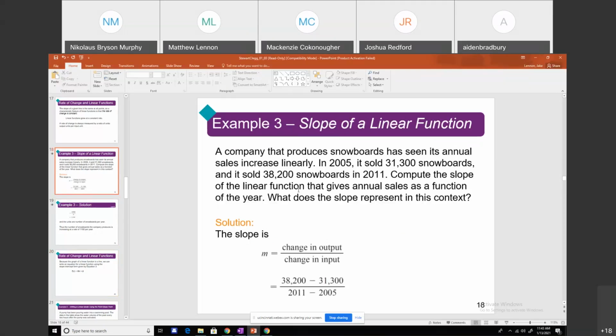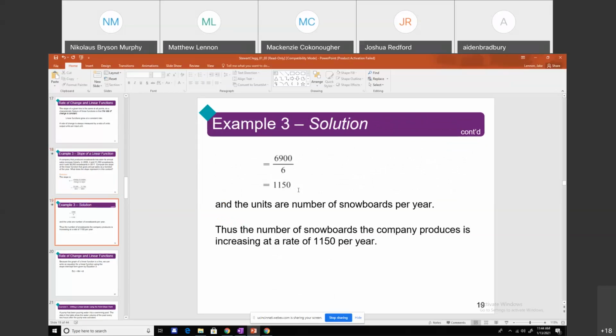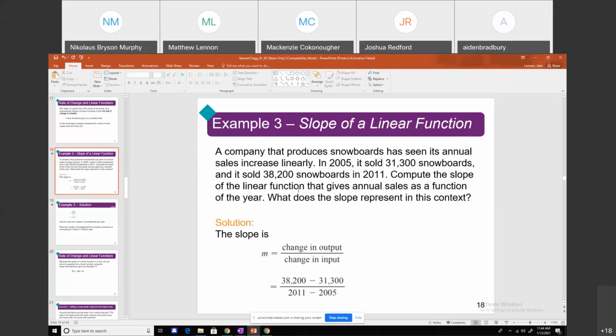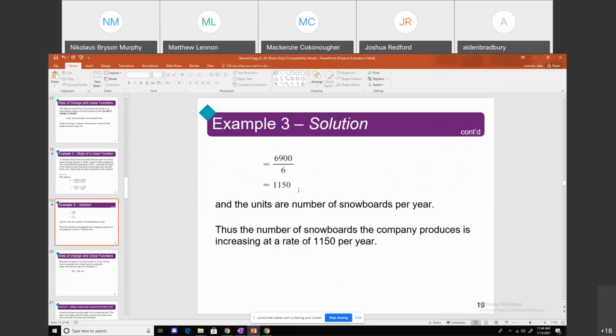So I might say, let x represent years since 2005. Really what that's doing is making 2005 year 0 for my formula. So if I make 2005 year 0, that would make 31,300 my y-intercept. And then my function is very easy to write. I could just say, okay, it's y equals 1,150x plus that 31,300 number. That is my y-intercept.